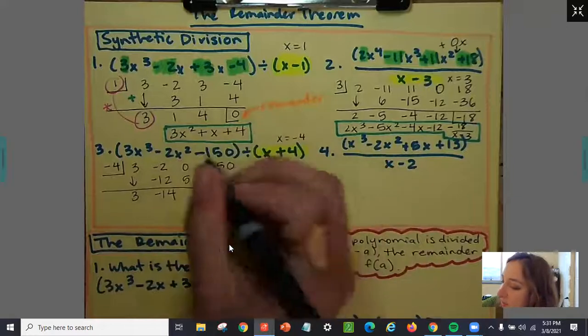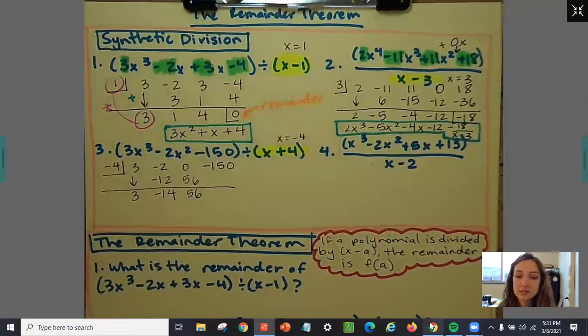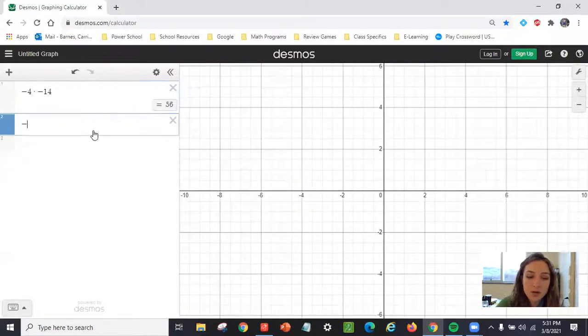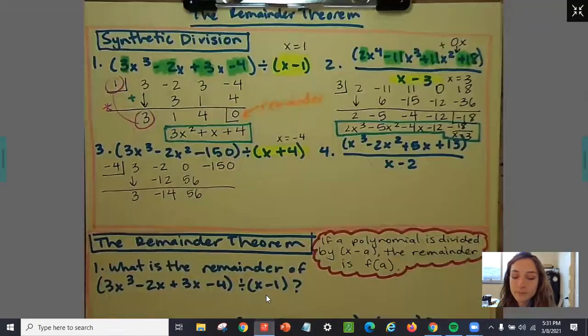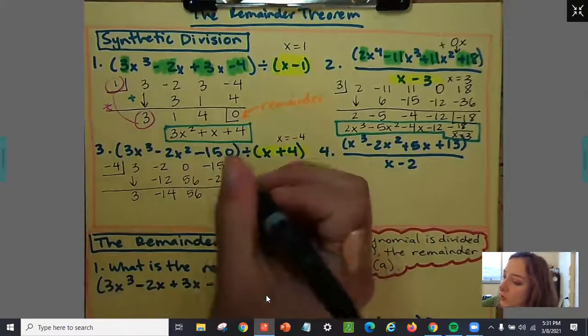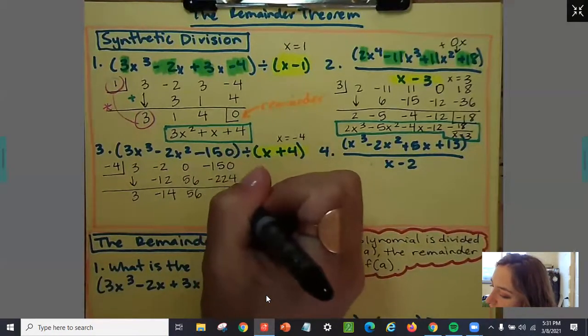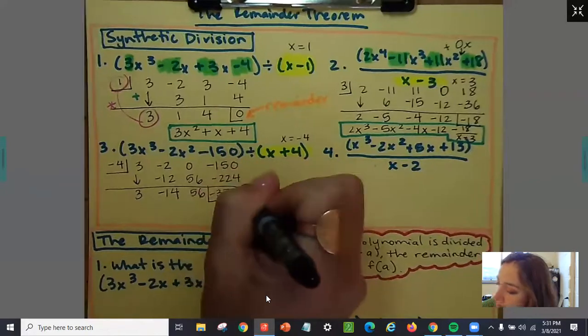So adding, we're going to get 56 here. And then multiplying negative 4 times 56, we're going to get negative 224. And then adding down, we're going to get negative 374.